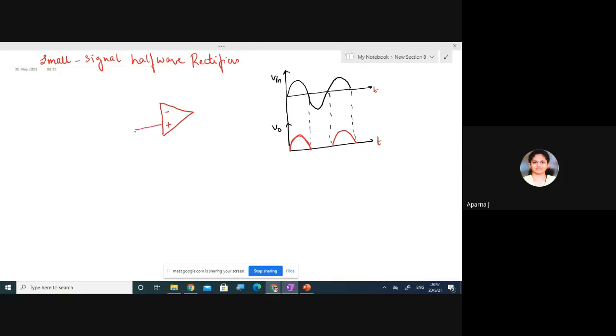So I'll be giving input to the non-inverting terminal, this load which is of 10 kilo ohm. Now here we are going to take V naught.